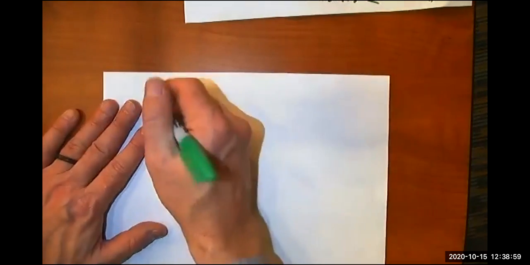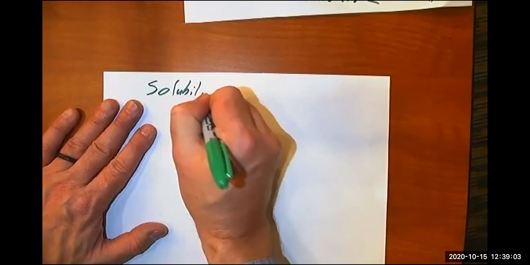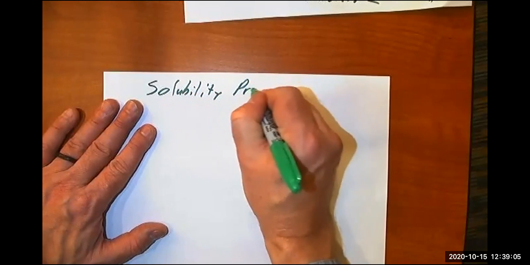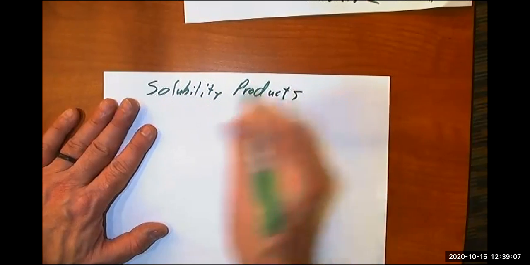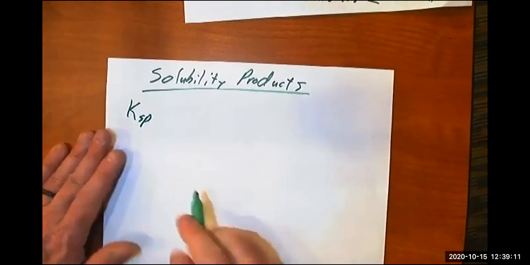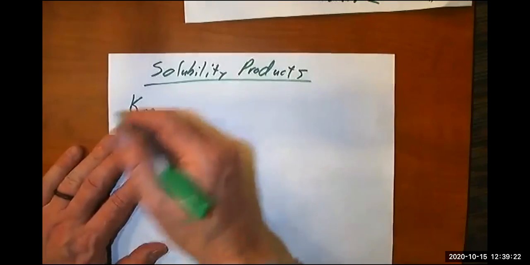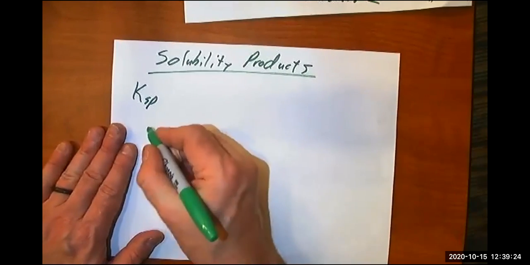One thing I would recommend is going and looking up on the internet a table of solubility products. So this means the KSP, the equilibrium constant for the equilibrium of a solid with its dissolved ions.